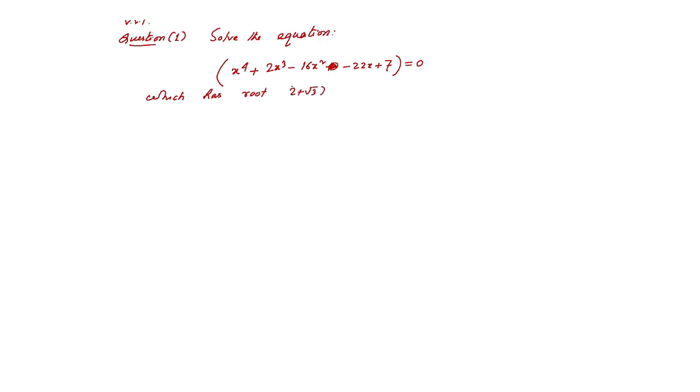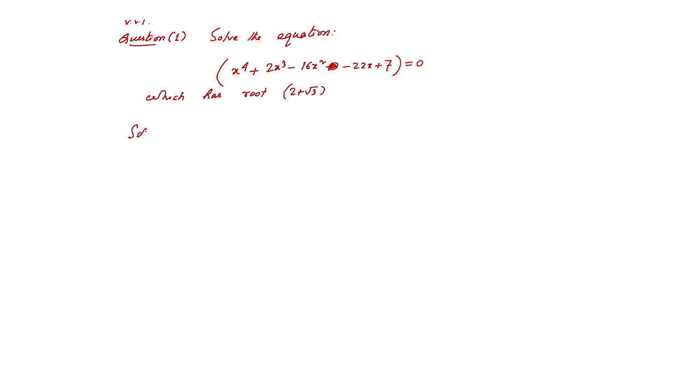The question is: solve the equation x to the power 4 plus 2x cube minus 16x square minus 22x plus 7 equals 0, which has root 2 plus root 3.